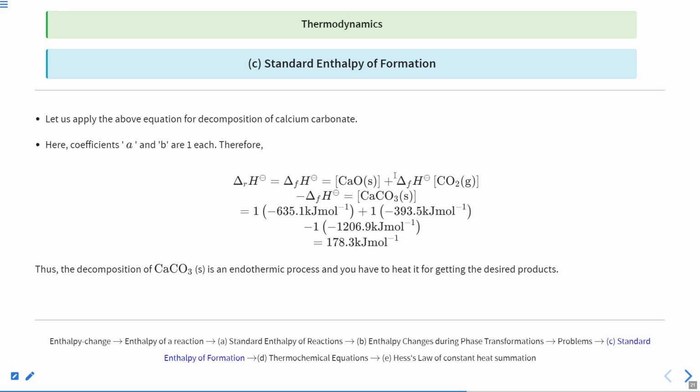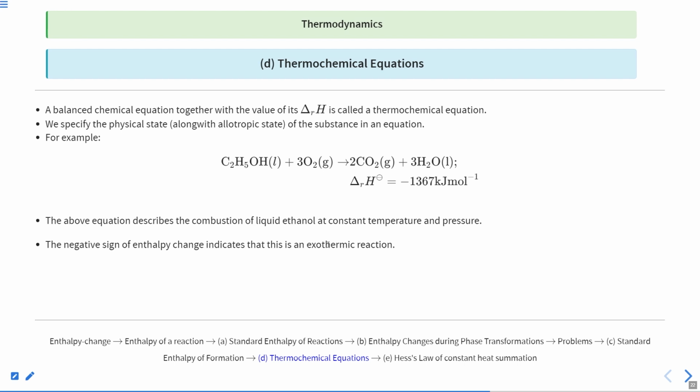So here it is CaO and CO2 minus CaCO3. We multiply the standard enthalpy of formation with the coefficient, and we get the final value of delta RH naught as 178.3 kilojoule per mole. Since it is positive, it is an endothermic reaction, meaning the decomposition of CaCO3 is an endothermic reaction. Clear?